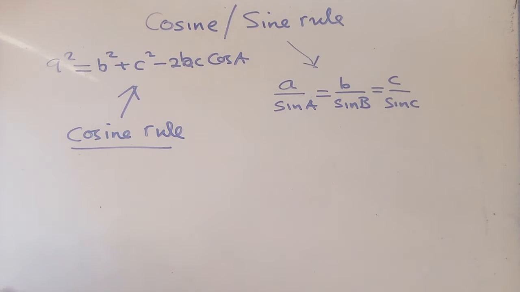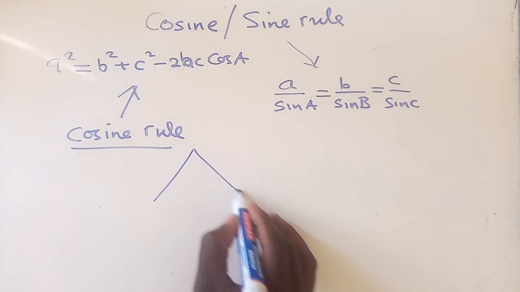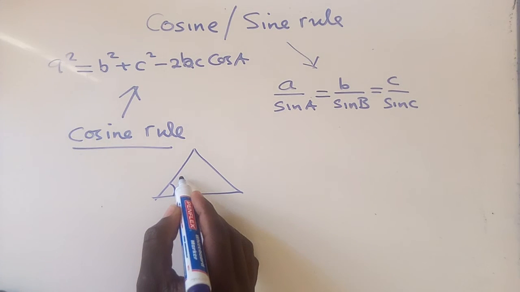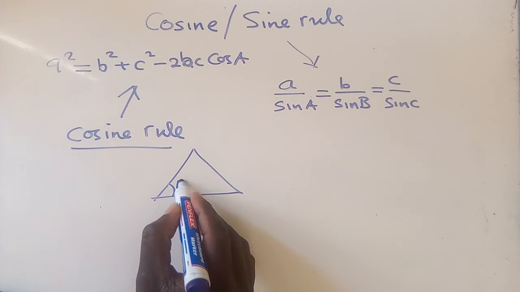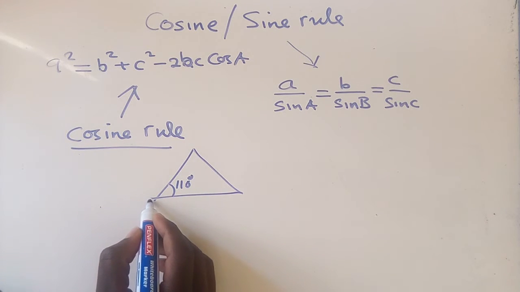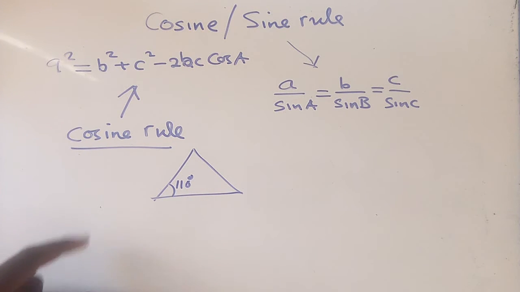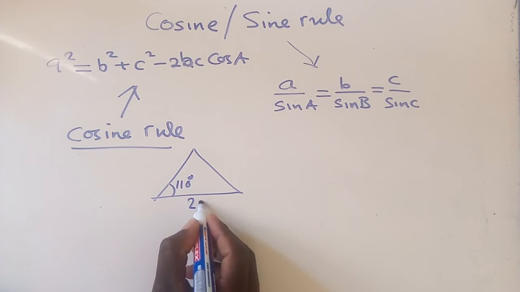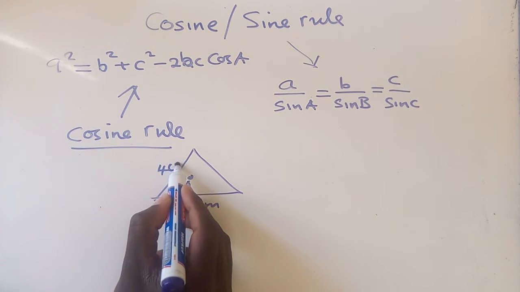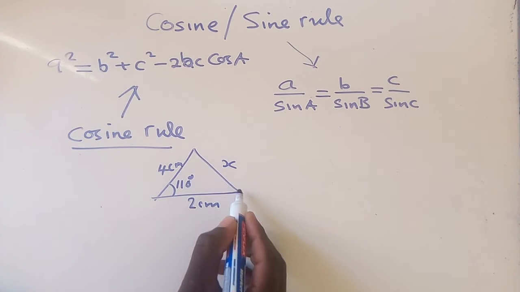Let's try some examples. Assume you've been given a triangle like this, with an angle of 110 degrees, and the sides are 2 centimeters and 4 centimeters, and they want you to find the length x.